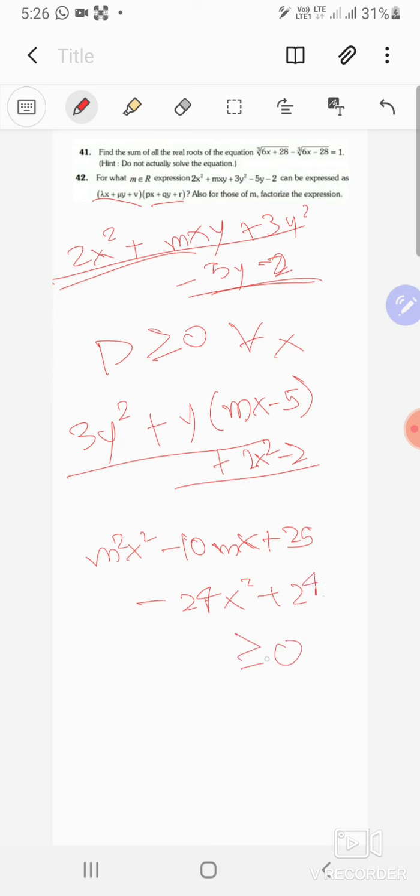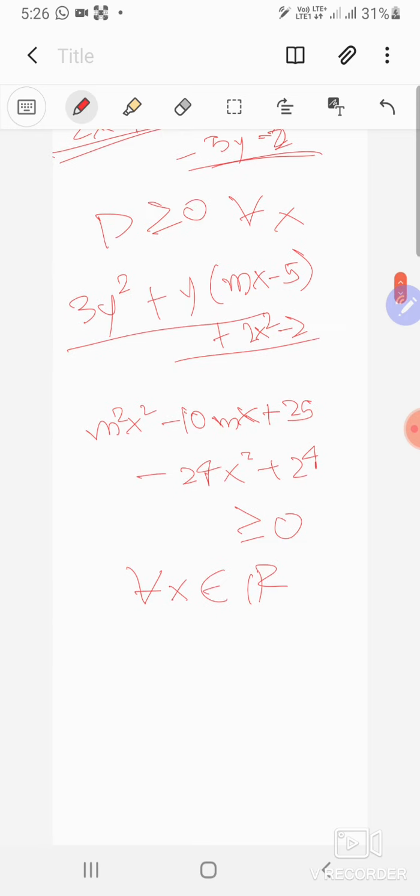That gives me m squared minus 24 into x squared, minus 10m into x, plus 25 plus 24. I think it's going correctly. It's supposed to be equal to 49.